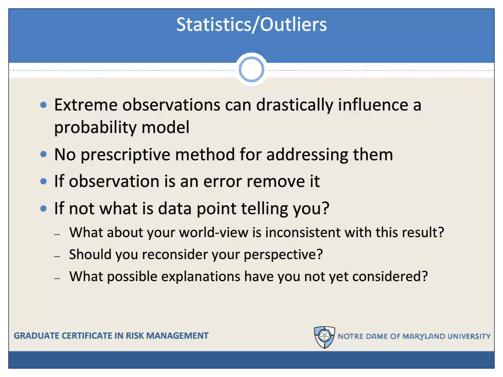What is it about your worldview that makes it inconsistent with this result? Maybe we need to amend our worldview. There are times when maybe we need to reconsider our perspective. If we were trying to put a maximum bound on the weight of an adult human being, and we have a data point that is beyond that limit, the answer may not be to ignore it.